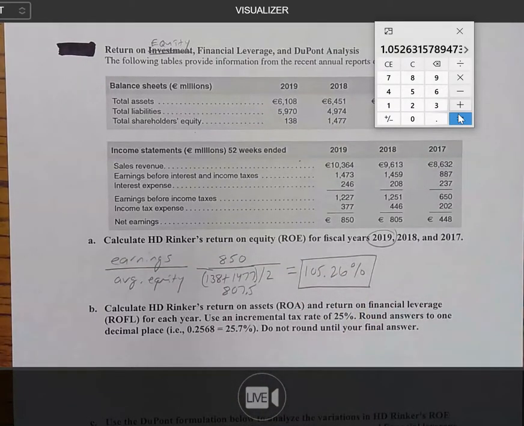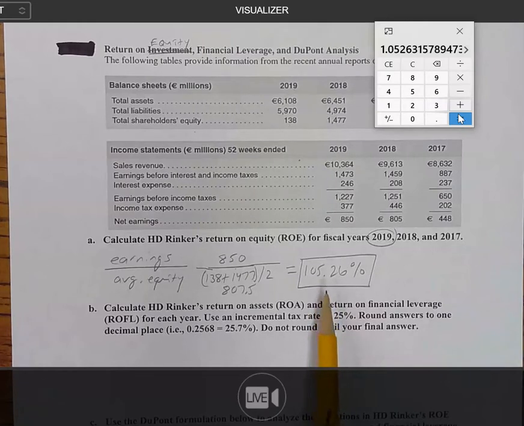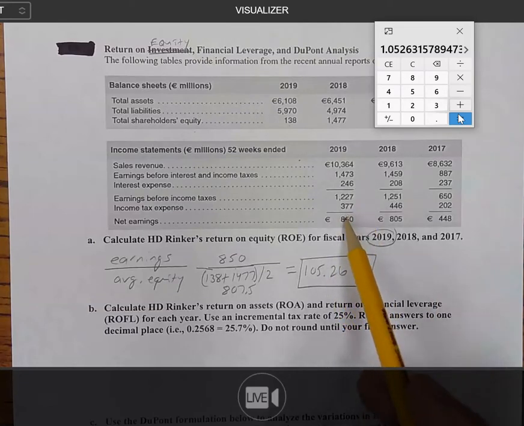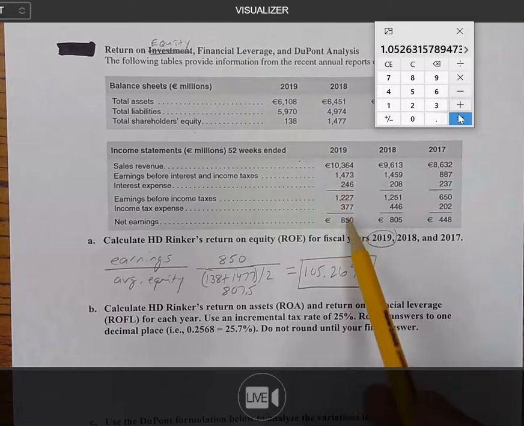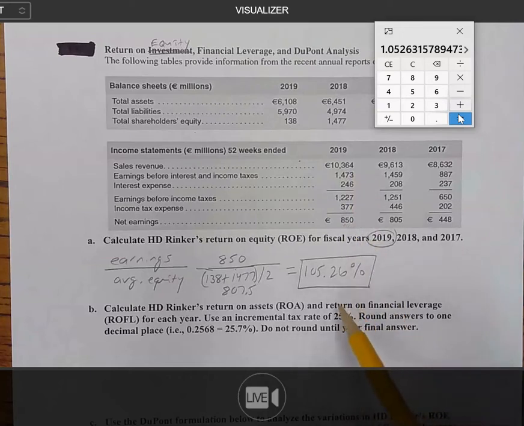And this is an abnormally high level of return. What I would tell you is there's a couple of reasons why this is so high. Number one is we have a pretty good profit margin here. This is a pretty healthy margin. When we get 10,364 and we end up with net earnings of 850, that's not bad, especially for a large company.